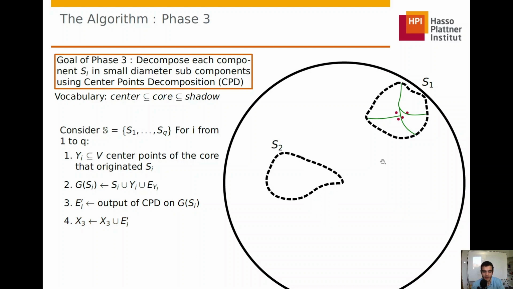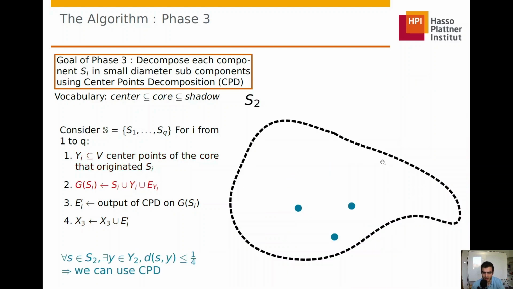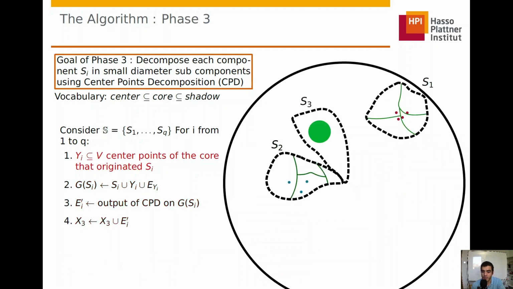We continue, we have S2, it has a center Y2, and they have the same property again, that they are close to every point in S2 up to a distance 1/4 with respect to x star, the metric we defined earlier with the linear probe. We continue, S3, same. And now something interesting happens, because remember, when we processed S2 and S3, we stole away some of S4's center.